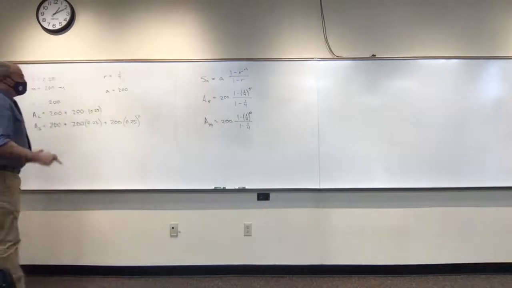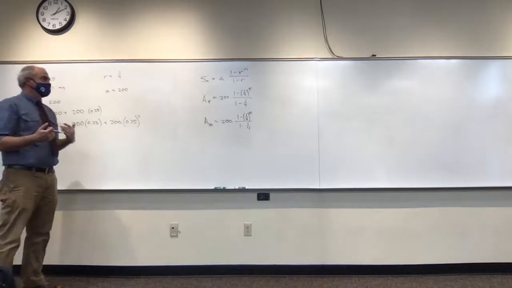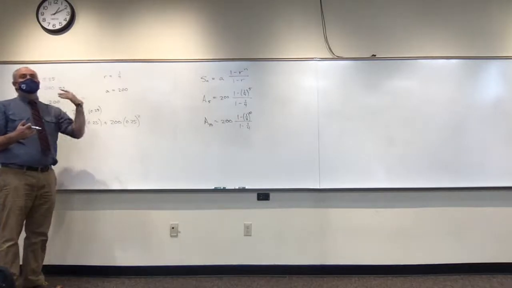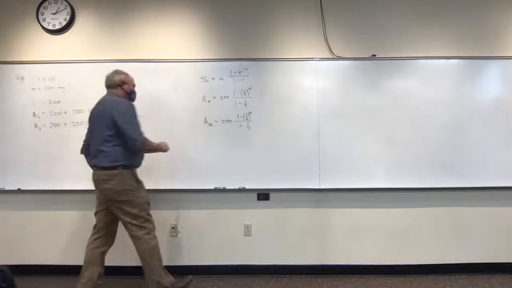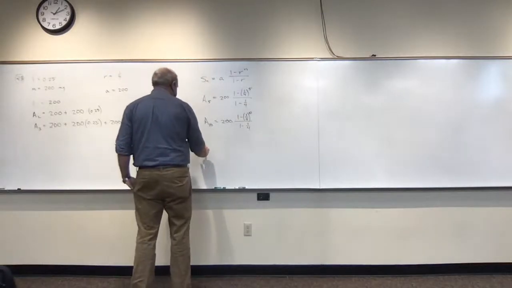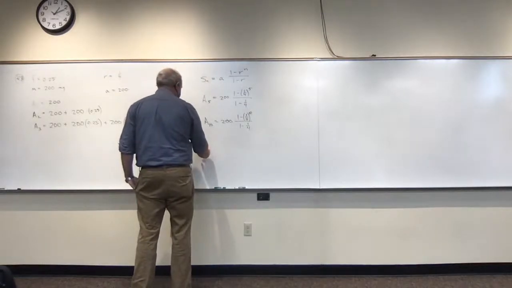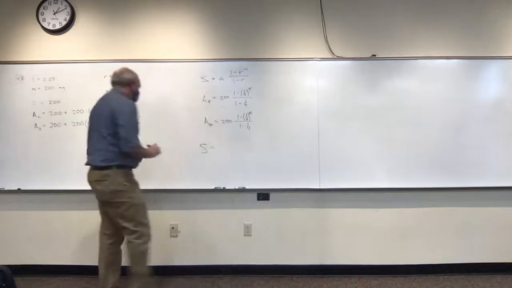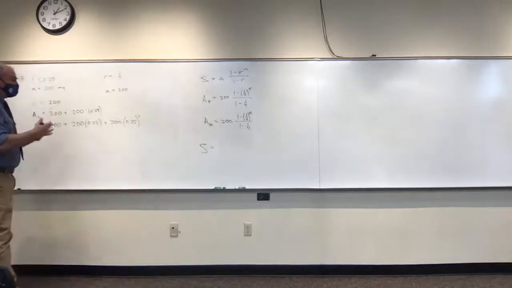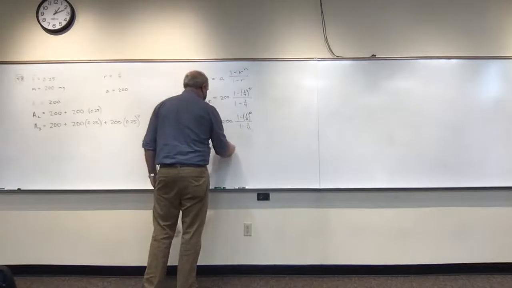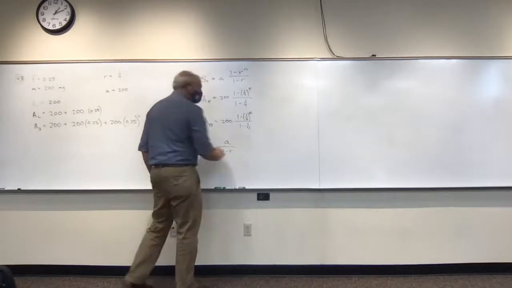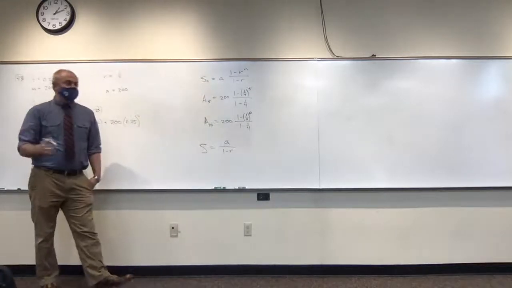And then the question is, what's the limit as n goes to infinity? Well, that's the true sum of the geometric series. If I just wanted to add up all of them, then I am going to just take A over 1 minus R. That's the sum of a geometric series.